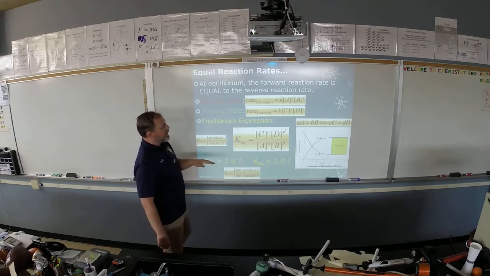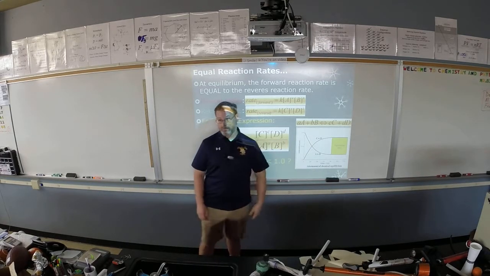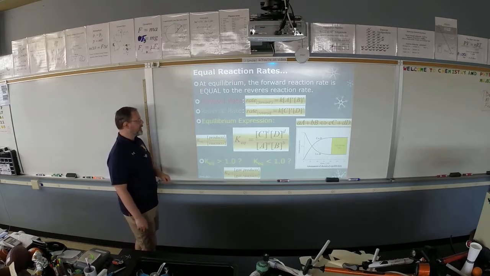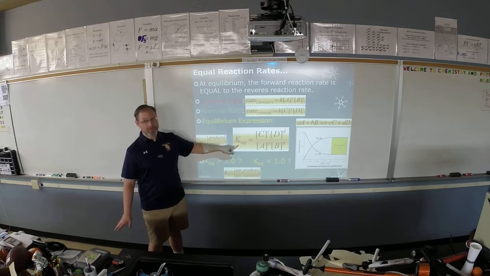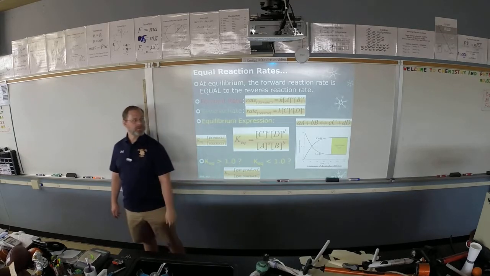For this reaction, you told me that there's more CD present than AB. If that is the case, convince your neighbor that this number, and it is a number, is larger than 1 or smaller than 1. Take about 10 seconds.